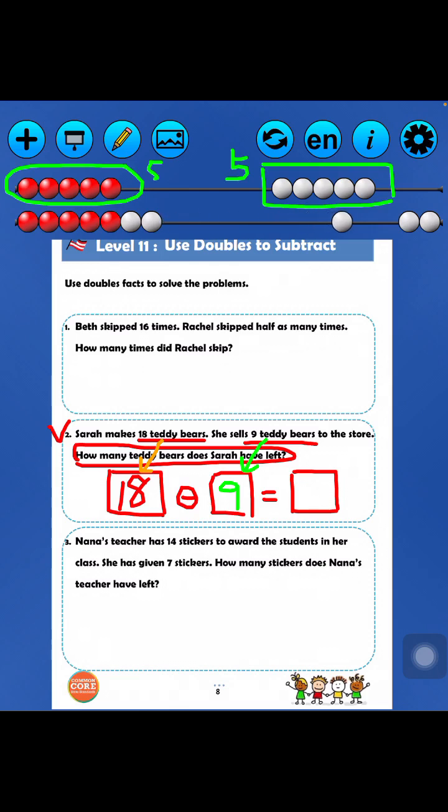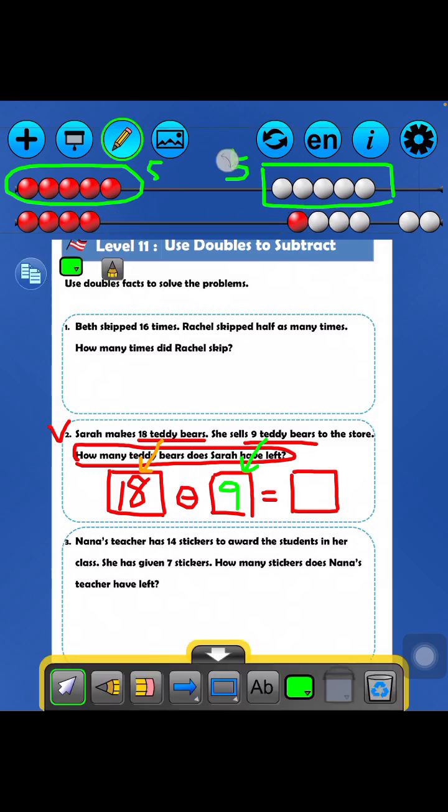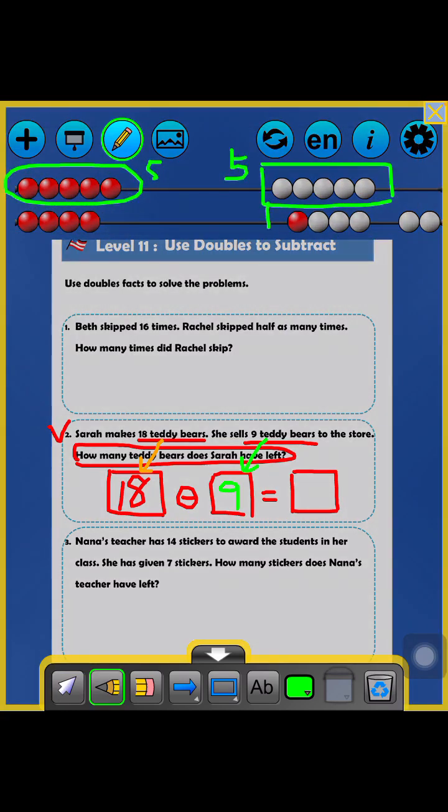That means we move 4 bits to the right hand side. And now the total number of bits on the right hand side is 5 plus 4. That means 1, 2, 3, 4, 5, 6, 7, 8, 9. There are 9 bits on the right hand side.